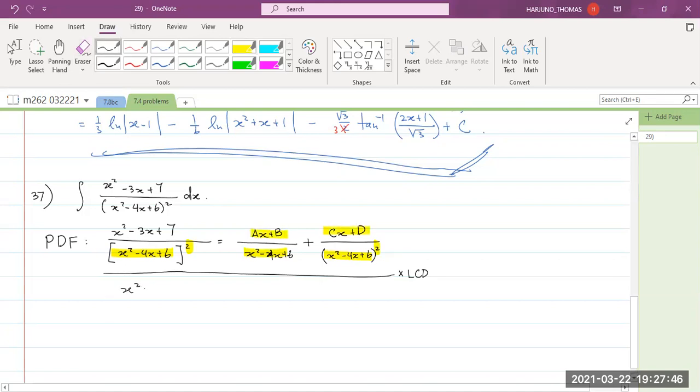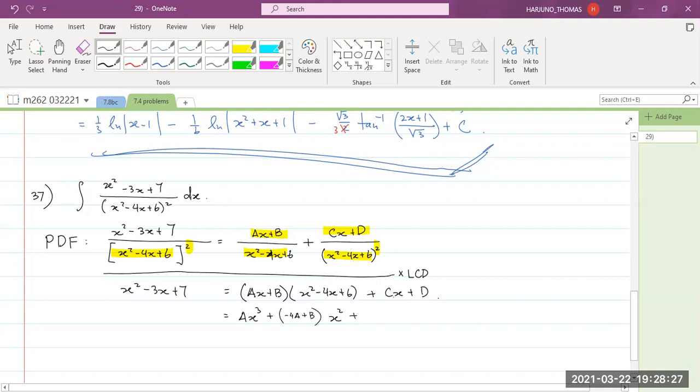So if I multiply by the LCD, I will get ax plus b times x squared minus 4x plus 6, plus cx plus d. You know what? I will just do grouping. So ax cubed, and then the x squared will be negative 4a plus b.